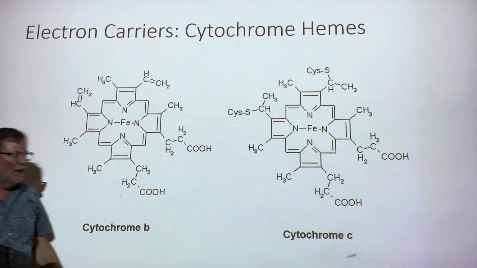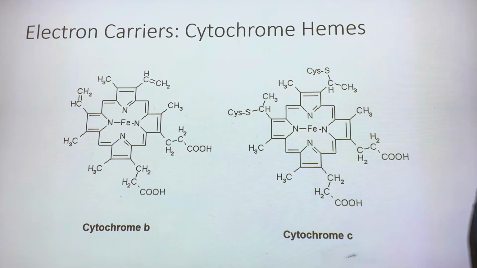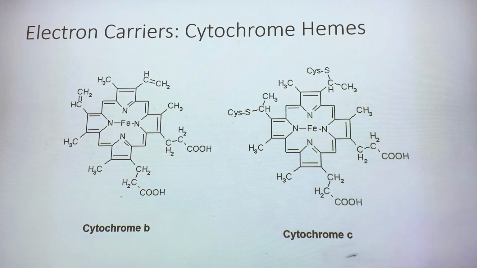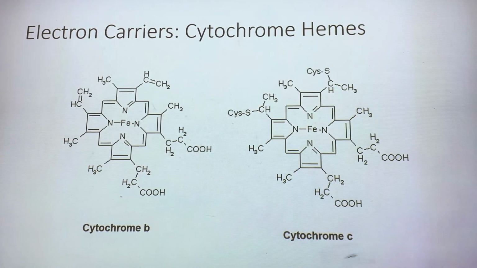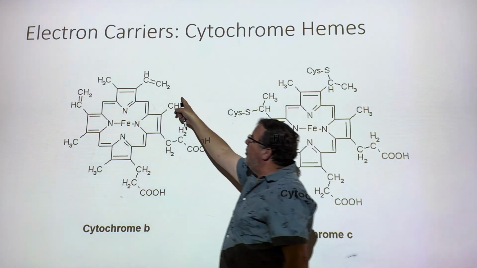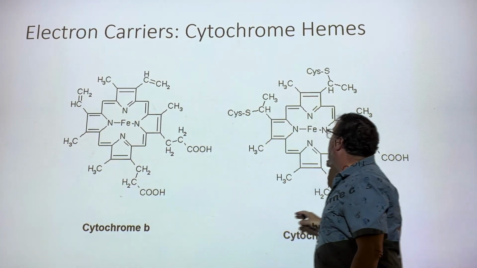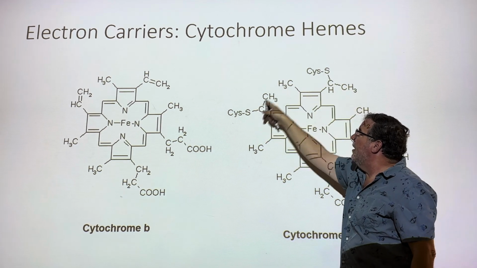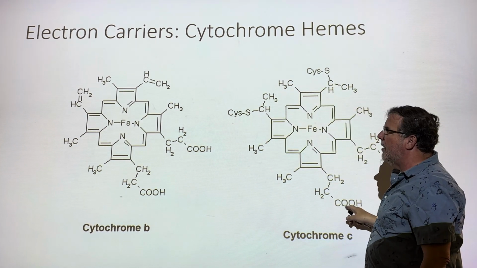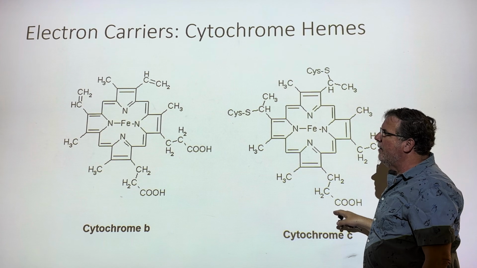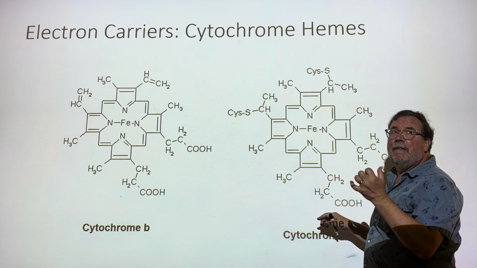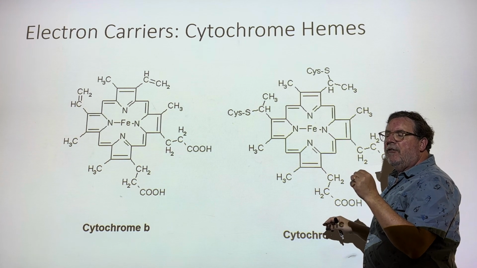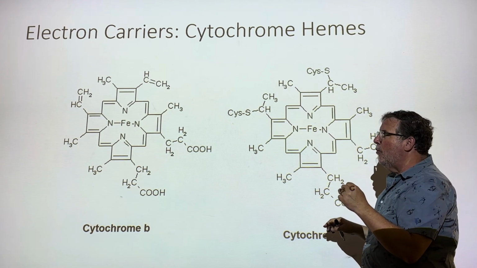So this cytochrome B, for example, has this structure with its methylene up here. Cytochrome C has this structure here. It's covalently connected to the protein, and these will have slightly different spectral characteristics, with absorption maximum at different wavelengths.